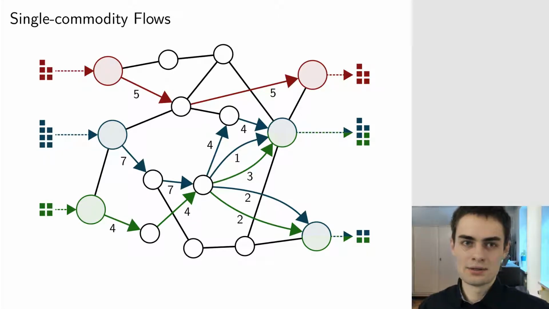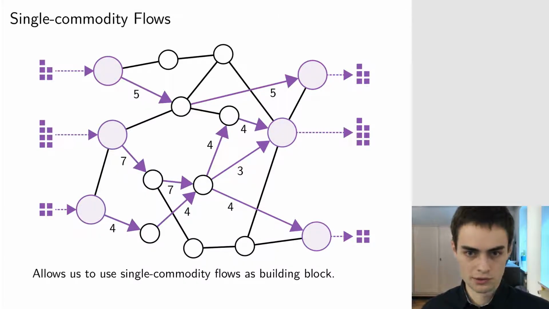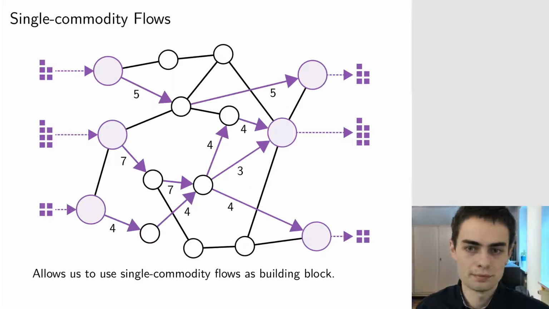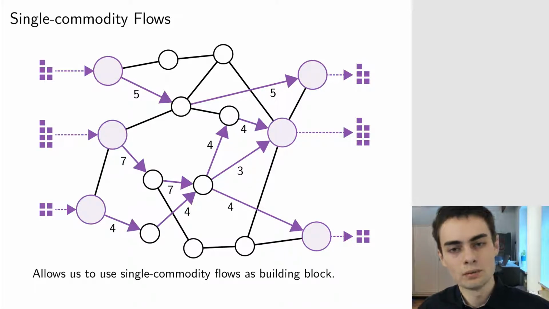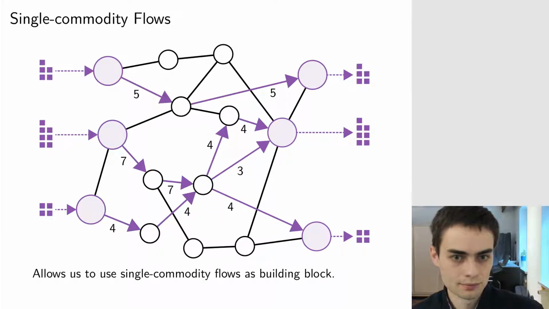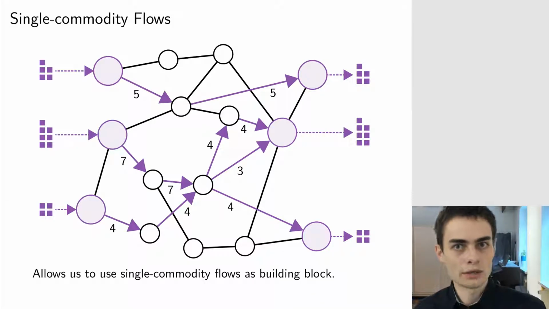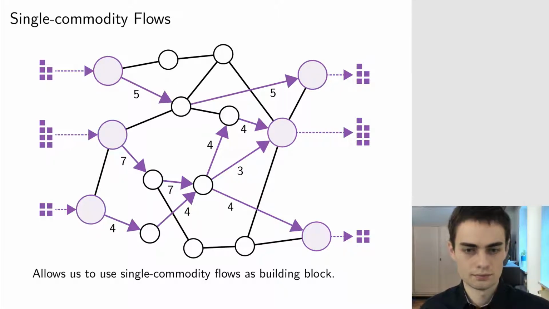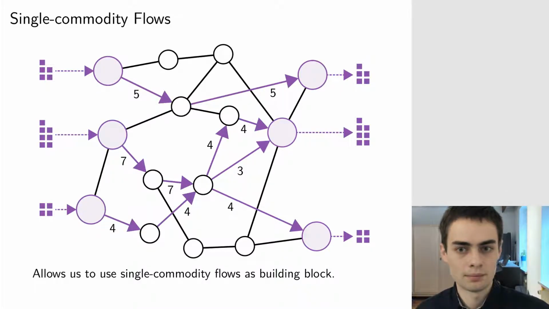And basically this means that we can only use this procedure for single commodity flows. For a single commodity flow, of course, it's not a problem if the packets end up somewhere else because there's only a single commodity. So you have to keep in mind, if we do this, that we can't control where the packets end up. However, what we can do is ensure that the correct amount of packets lands at the right target. So each target gets the correct amount of packets.